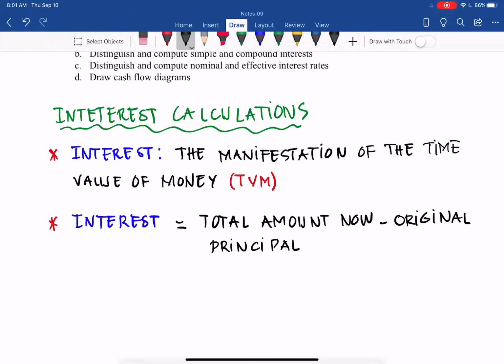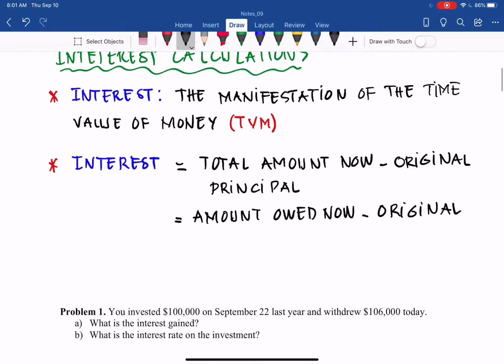Or it can be equal to, if we owe money, the amount owed now, and we can minus the original principal. So it depends on which perspective we are looking at.